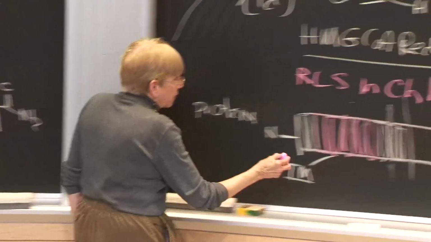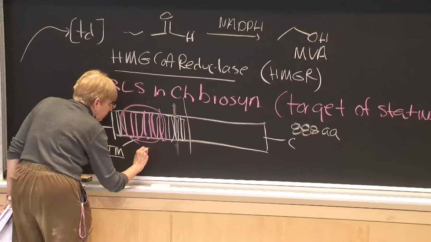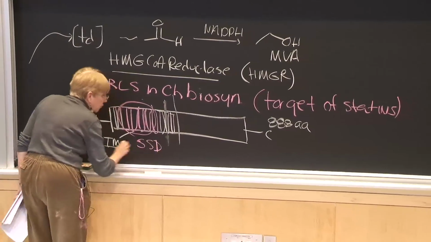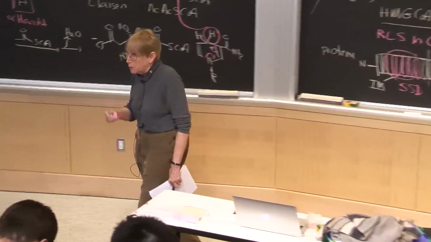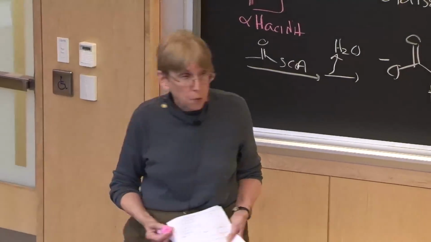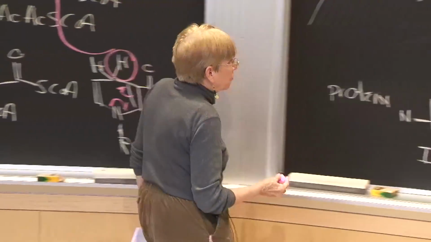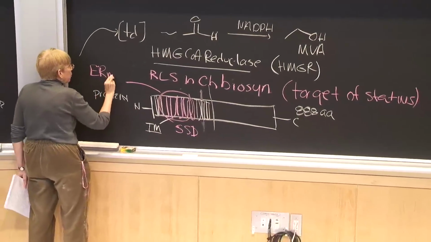Okay, so these 5 are called the sterol sensor domain. HMG-CoA reductase is going to be a key player in regulation of cholesterol levels. And this protein is found in the ER membrane.